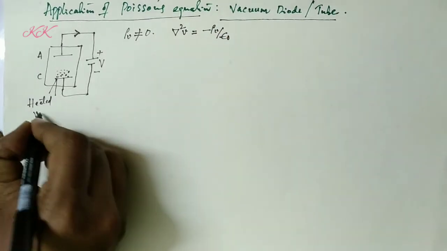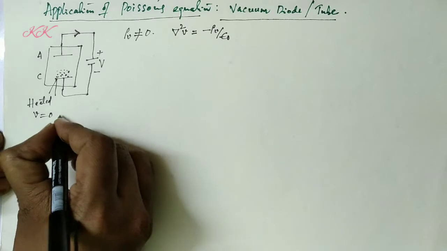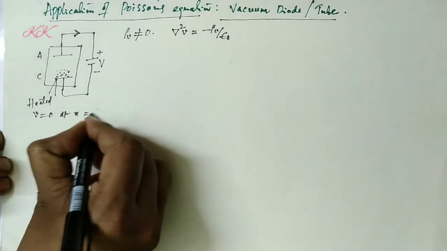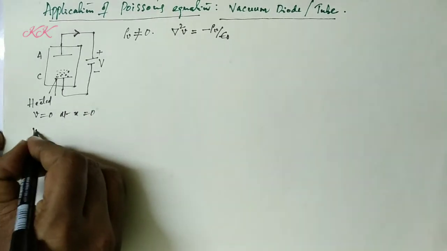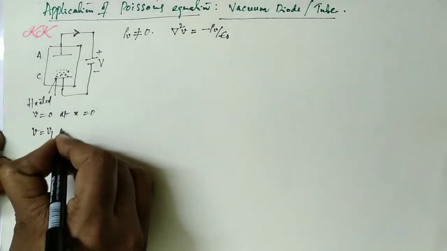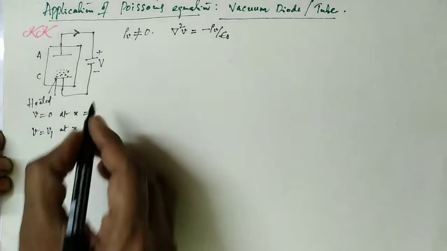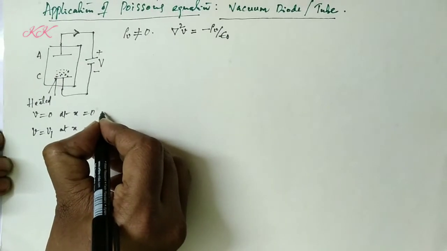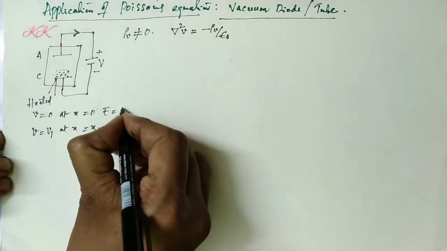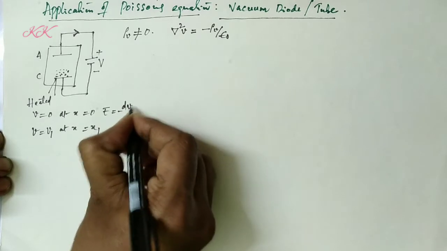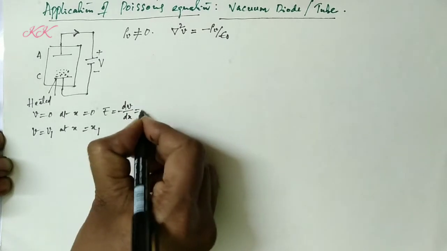V equals 0 at x equals 0 and V equals V1 at x equals x1. But when x equals 0, electric field intensity equals minus dV by dx equals 0.